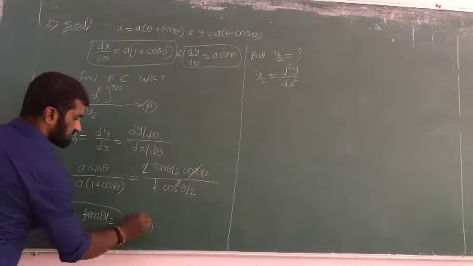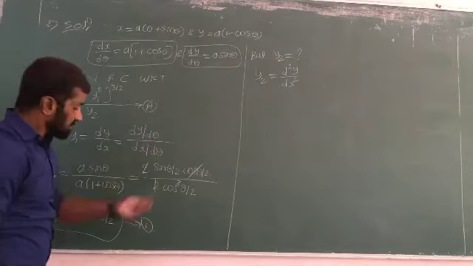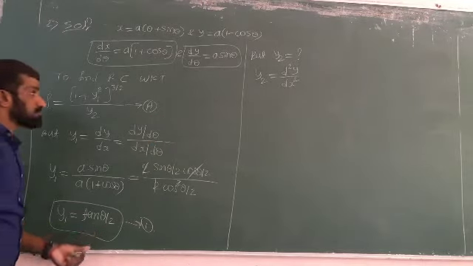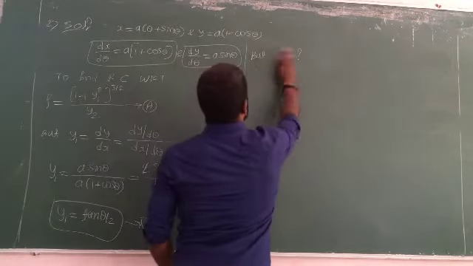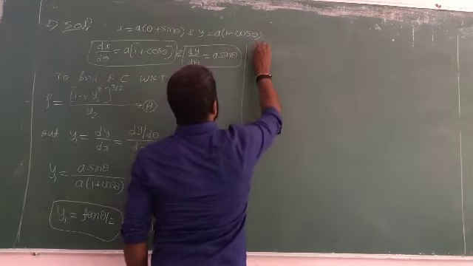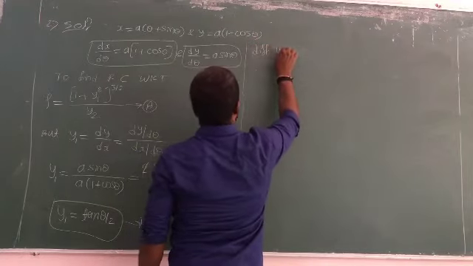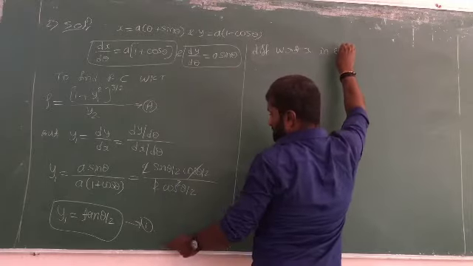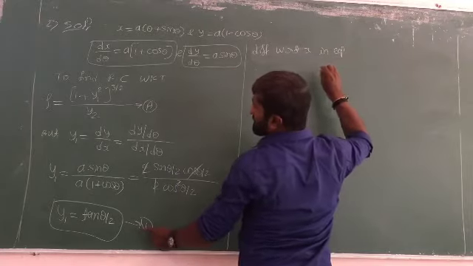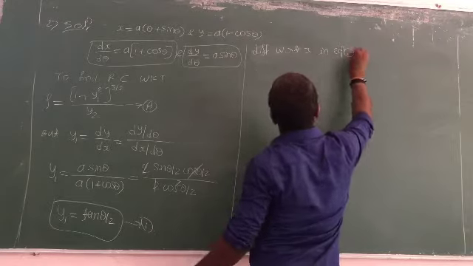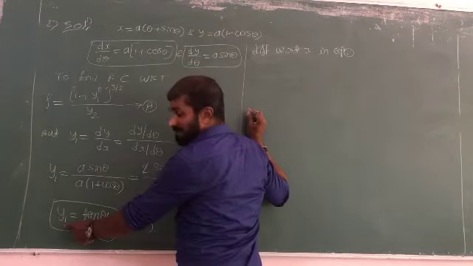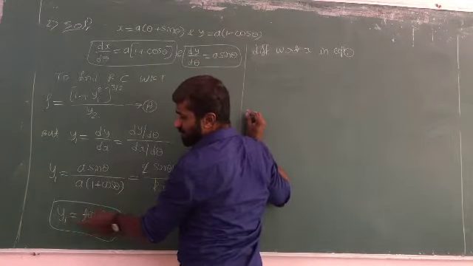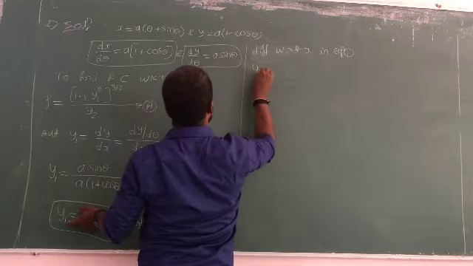Since y1 is in the form of dy by dx, differentiating with respect to x gives y2.